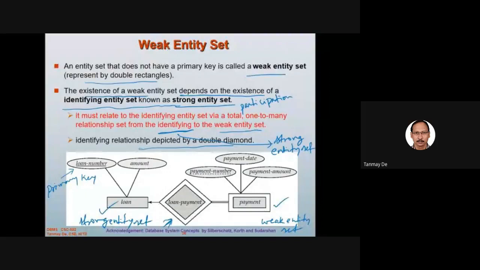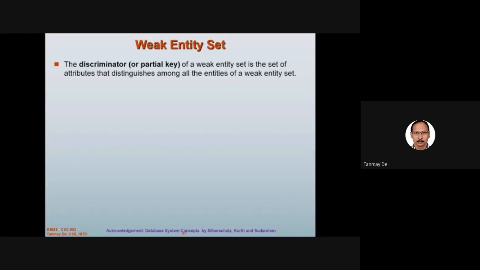This is the discriminator or partial key. It is not a primary key, shown by the dash underline. Solid underline is the primary key, here loan number, and the dash underline, payment number, is called a partial key or discriminator. Partial key or discriminator. Okay, that means the discriminator of a weak entity set.